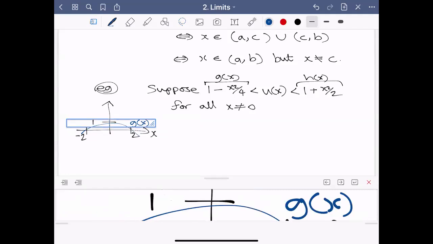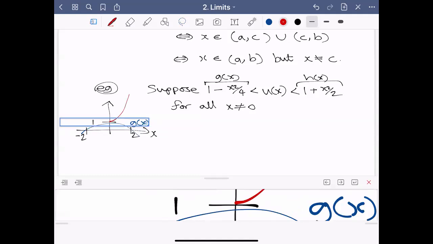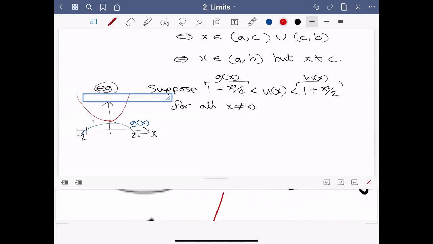And the graph of h(x) goes in the other direction like this.